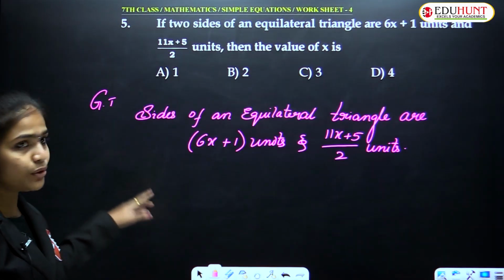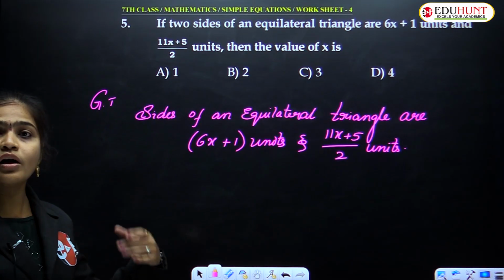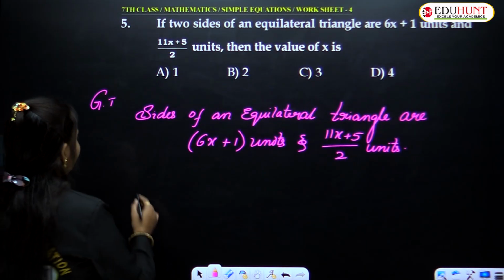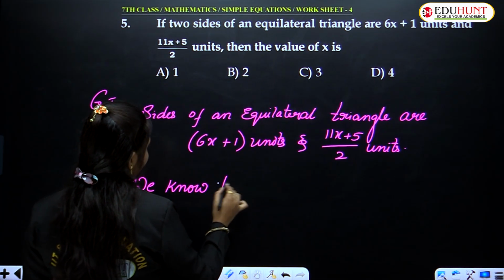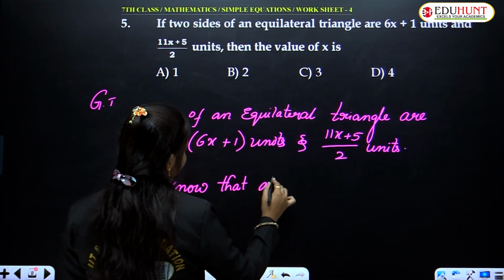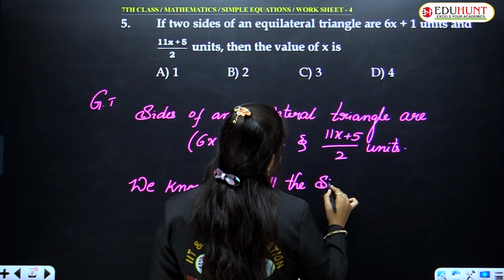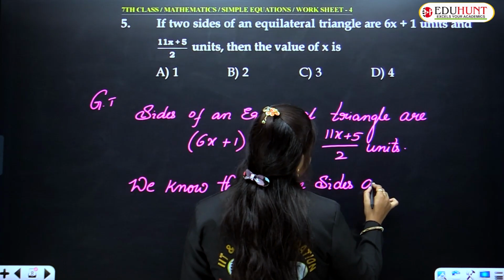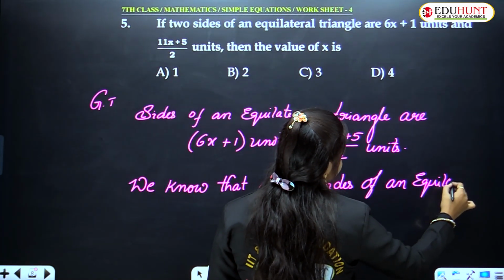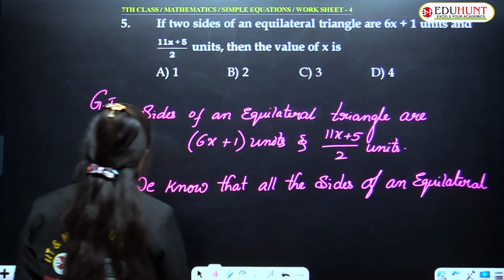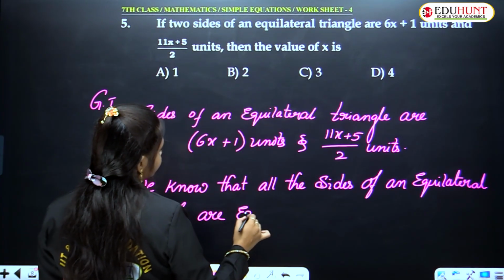Understand? But here we know that the sides of an equilateral triangle are equal. All the sides of an equilateral triangle are equal.